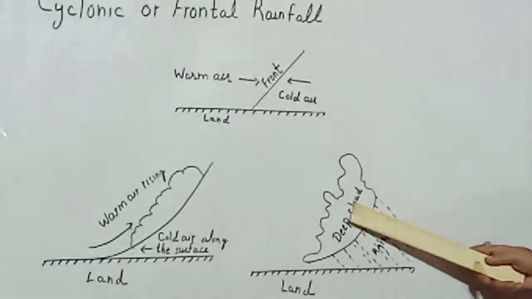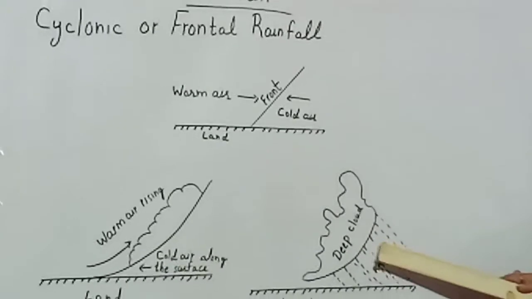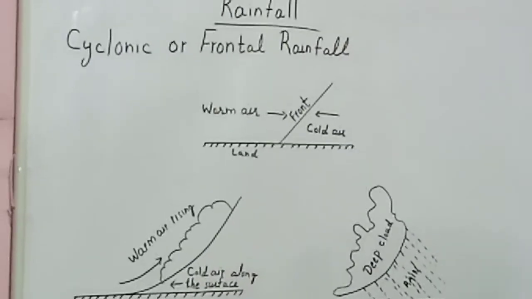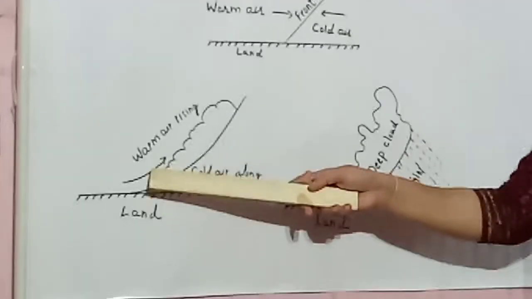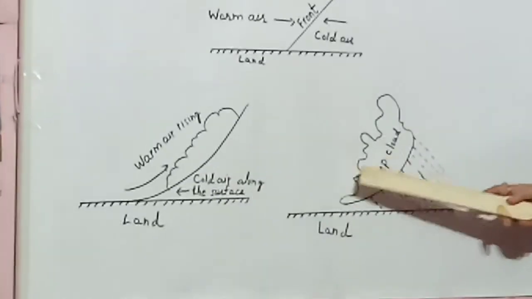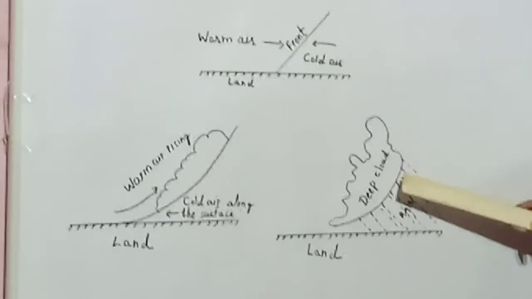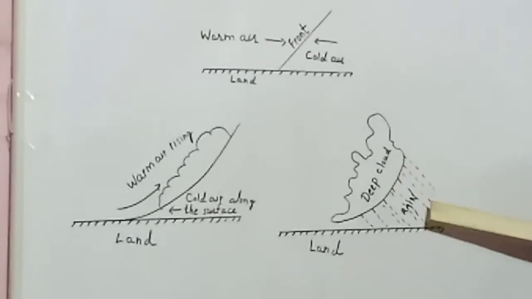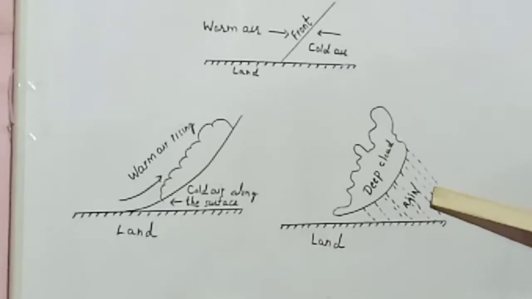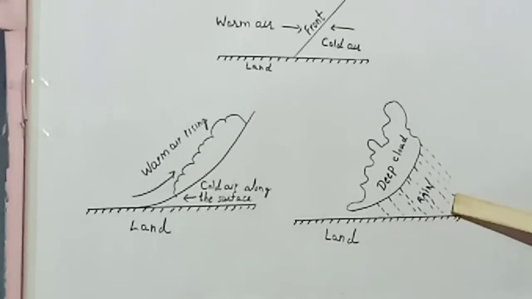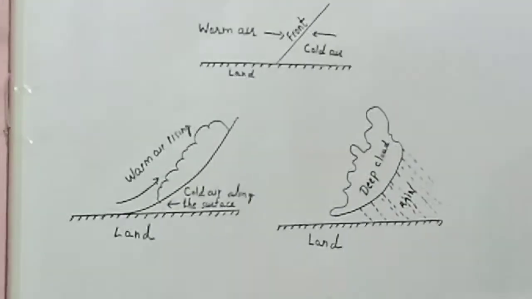These clouds bring rainfall. You can see in this image, warm air rising up and making a cloud, then these clouds turn into rain. Cyclonic rainfall mostly occurs in temperate and tropical regions.